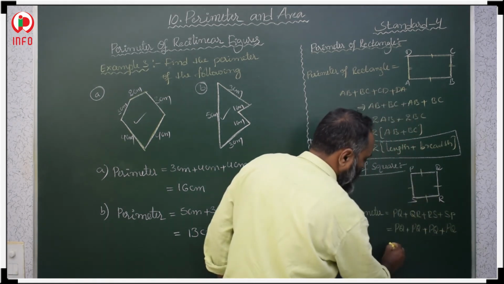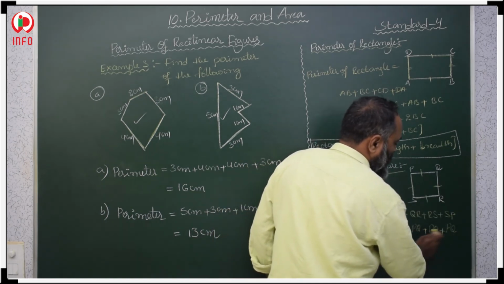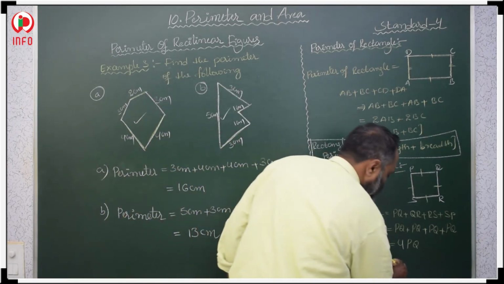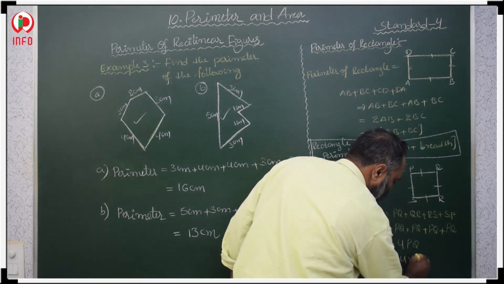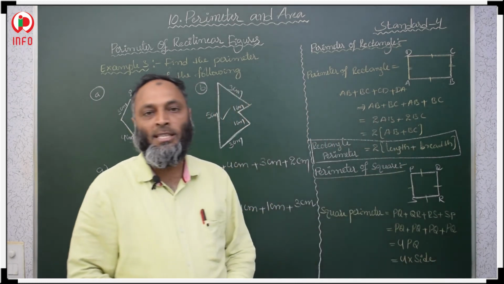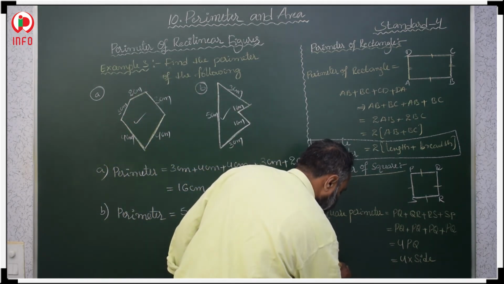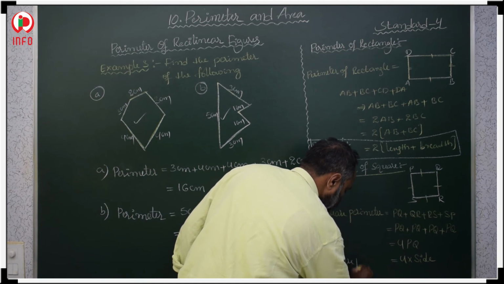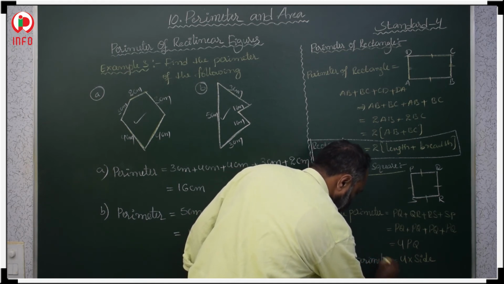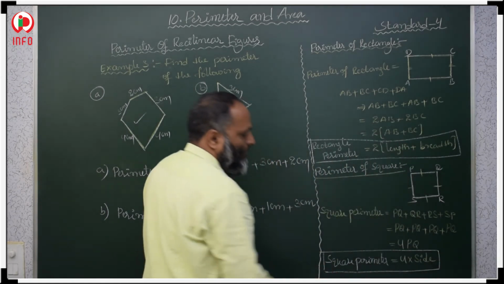How many times is PQ there? 4 times: PQ plus PQ plus PQ plus PQ. It means 4 into side, where PQ is a side. So the square perimeter is 4 into side.